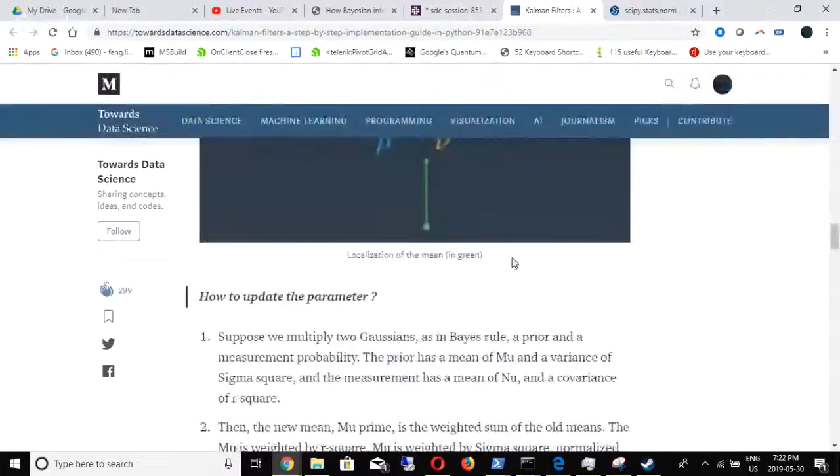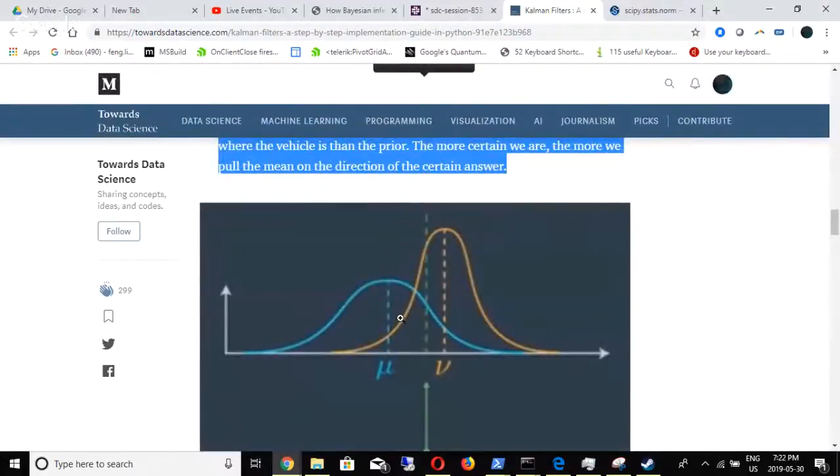And remember, these are not populations. These are not sample populations. I think this is the uncertainty.